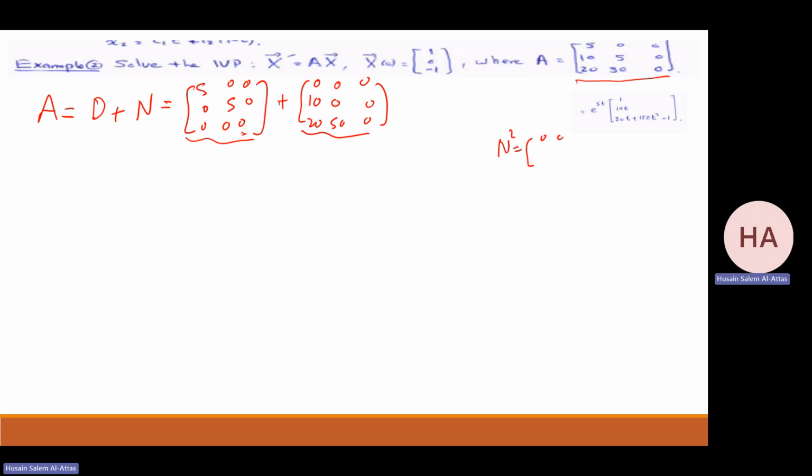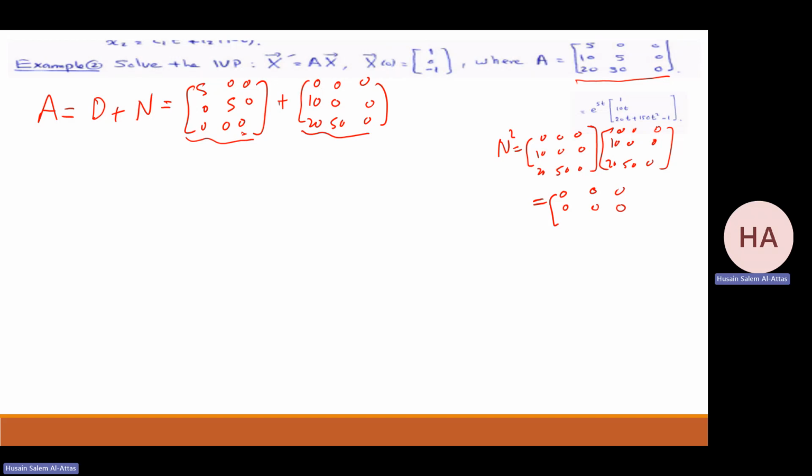N squared, and I think then N cubed. Let me check. The numbers seem strange. N is 0, 0, 0, 10, 0, 0, 20, 50, 0. Multiplying that gives me: the first row is 0, 0, 0. The second row, 10 times 0, 0. I need only the first.